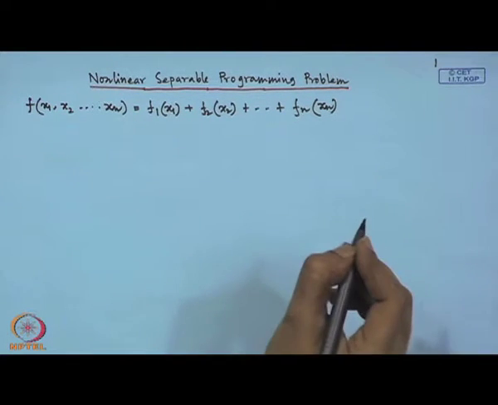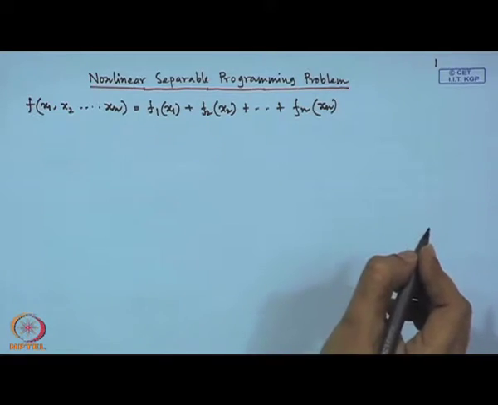Now, the basic principle for handling the separable programming problem is that we express the nonlinear functions fi(xi) as combinations of linear functions, so that a nonlinear programming problem will be transformed into a linear programming problem.